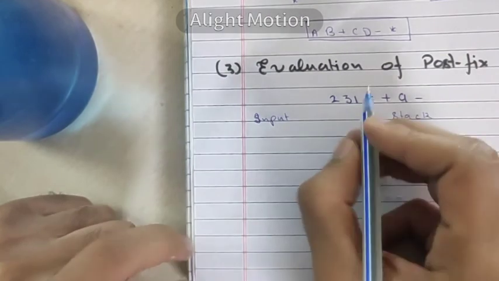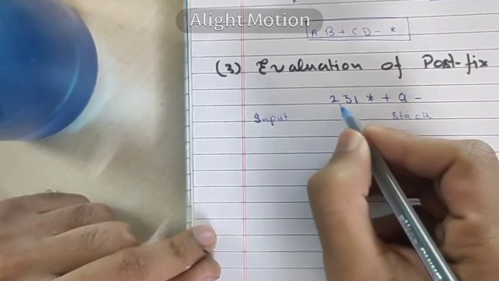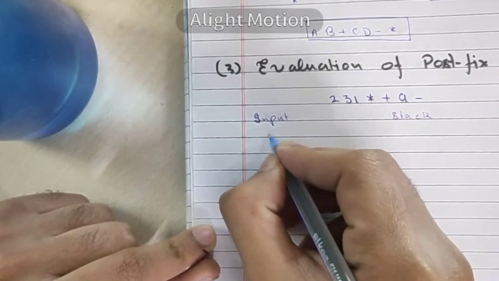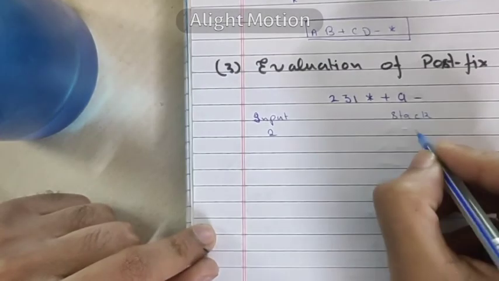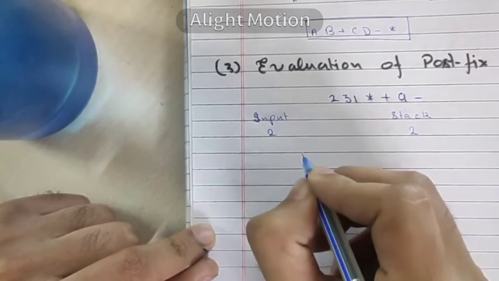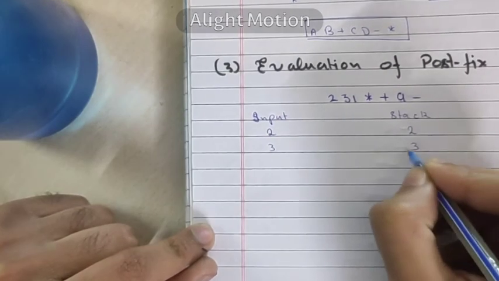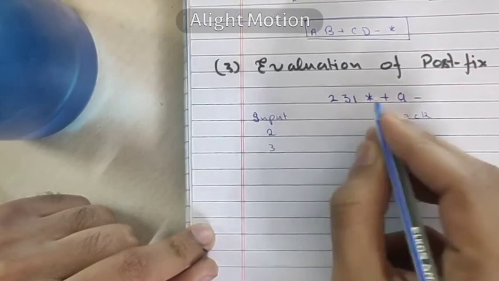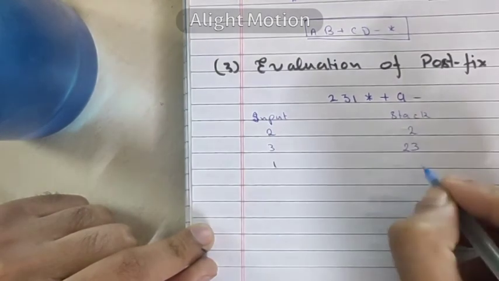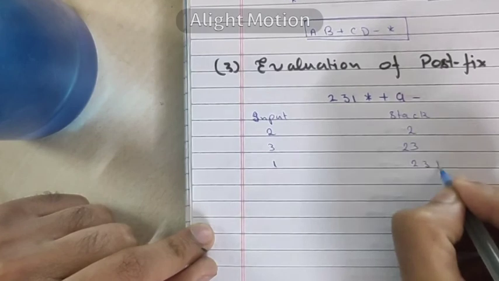The first input is 2, and since the stack is empty, we write it as 2 itself. The second one is 3, which is an operand, so we push 3 onto the stack. The next one is 1, which is again an operand, so we have 2 3 1.